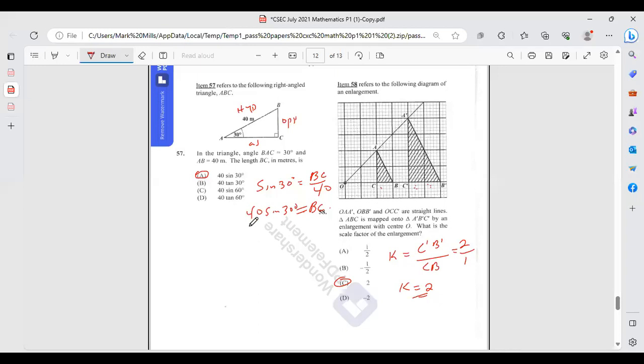Somebody can use AC, K is equal to A prime C prime over AC. If you look at it, 1, 2, 3, 4, so put 4 over 1, 2, which is the same 2. So either way, you can use C prime B prime over CB, or use A prime C prime over AC. You get the same answer. That clear? Yes, sir. All right.